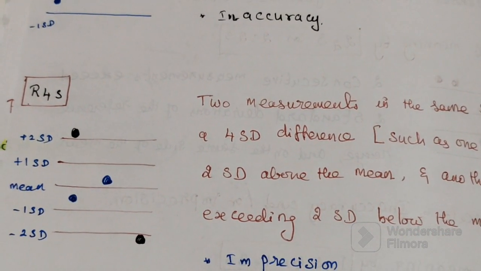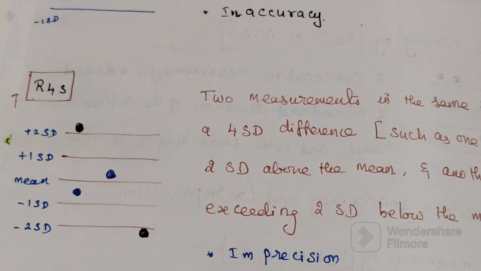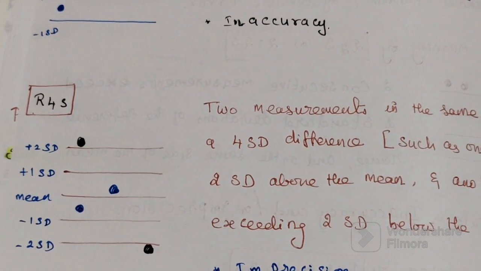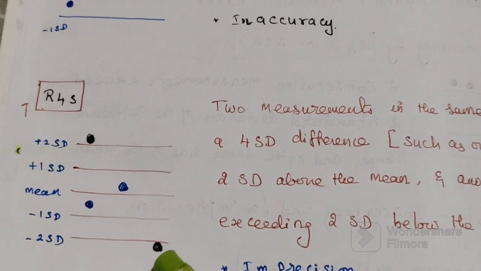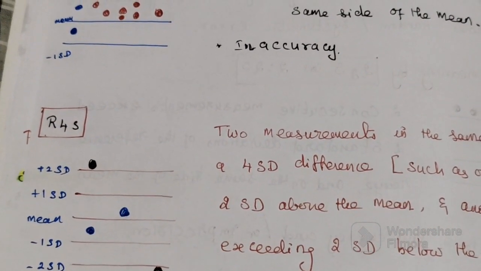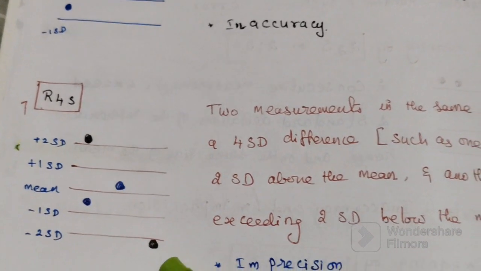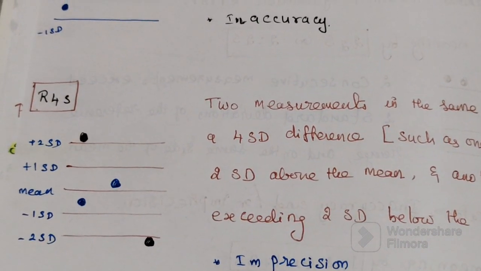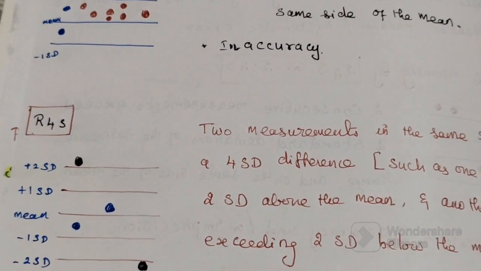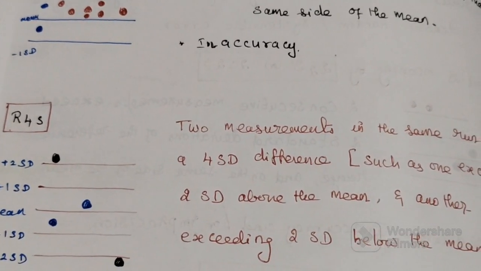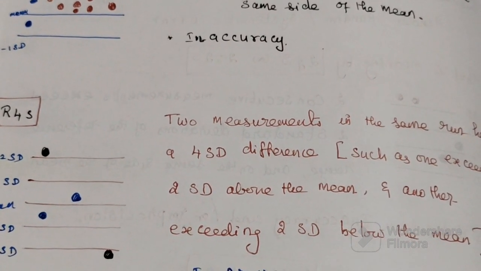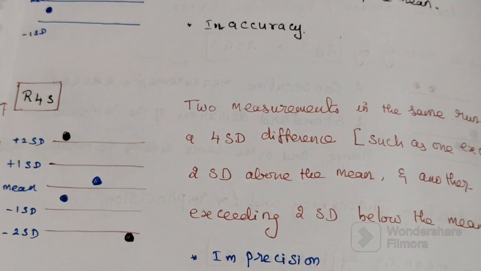If one level of control is beyond 2 standard deviation, and the second level of control is also beyond 2 standard deviation, but one is on the positive side and the other is on the negative side, so the difference between both control levels in the same run is greater than or equal to 4 standard deviations, then it is called the R-4s rule.